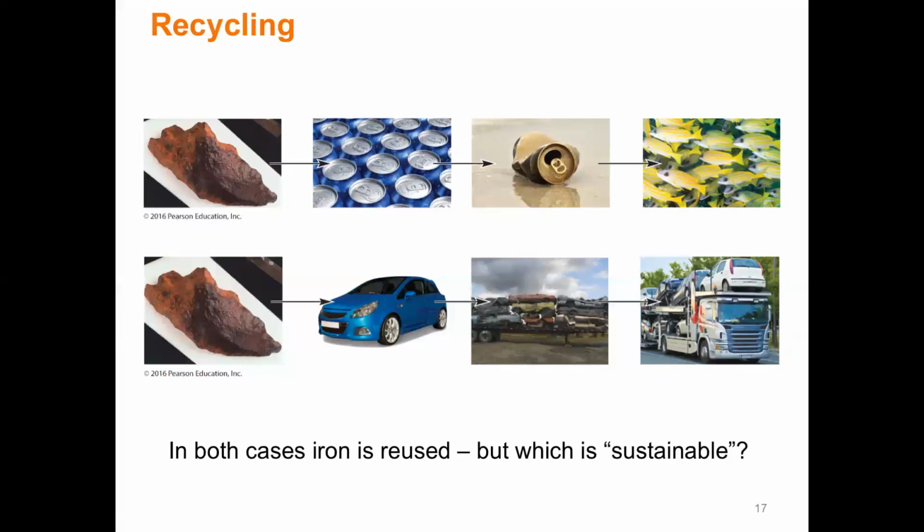But this is converted into steel, and we're going to talk about what steel is later in the semester. But basically, this iron will eventually go back into the environment, and it can be incorporated into living things, okay? But it's actually not sustainable to us as human beings, because we're still going to want more cans. So we're just going to go and mine some more. It's going to be easier to mine some more than get the iron out of these fish, right?